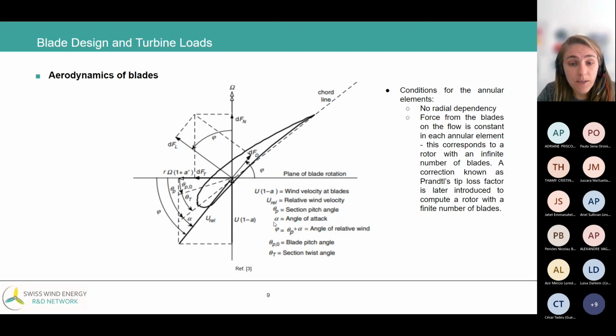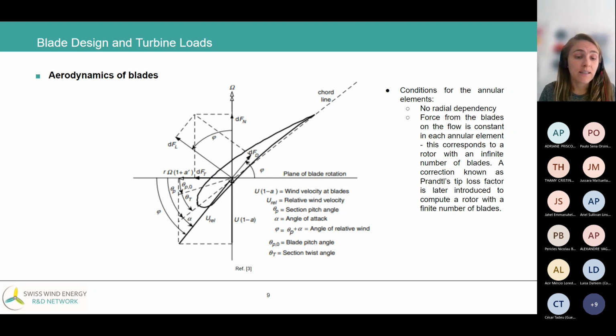Then the pitch angle of the turbine will be the blade pitch angle, the one introduced at the root of the blade, and the section twist angle, which was already defined some slides back, which is basically how the blade will be twisting to get the best angle of attack possible. And then, having all this information, having all these angles, it's very easy to calculate the blade performance for a given blade.